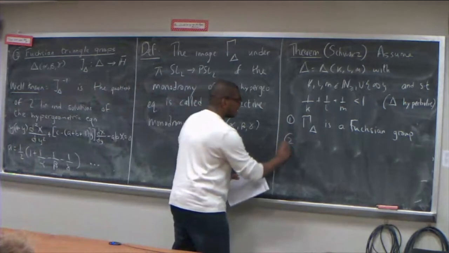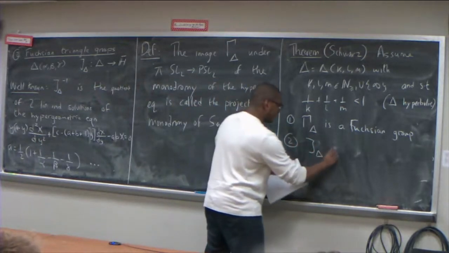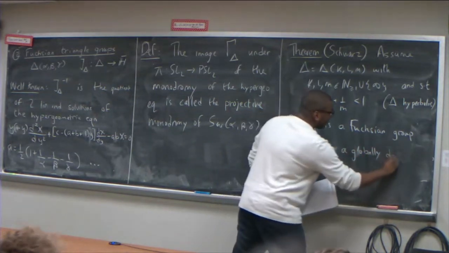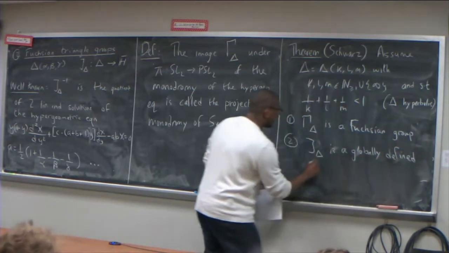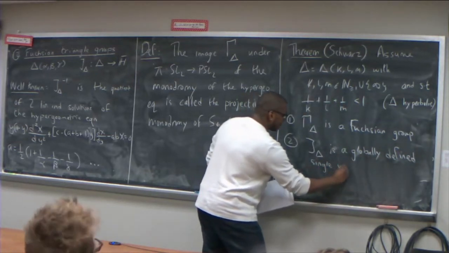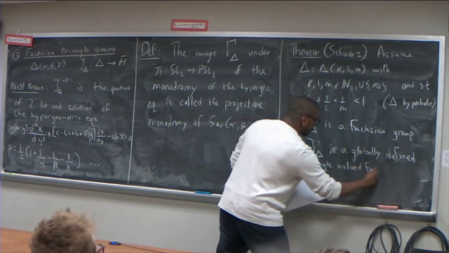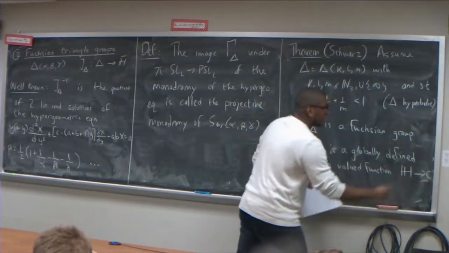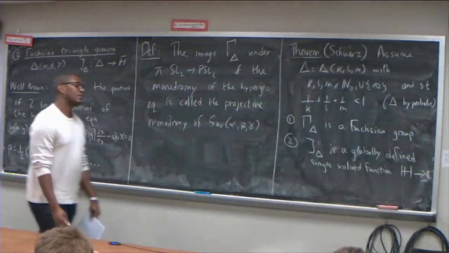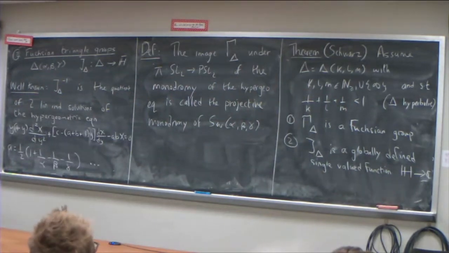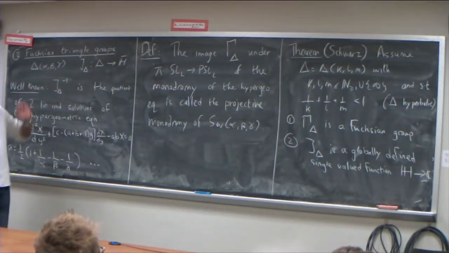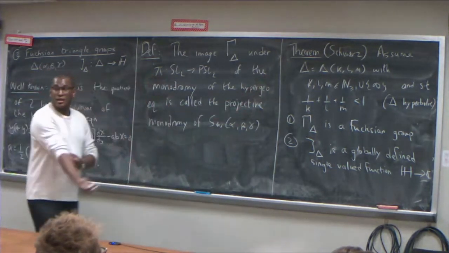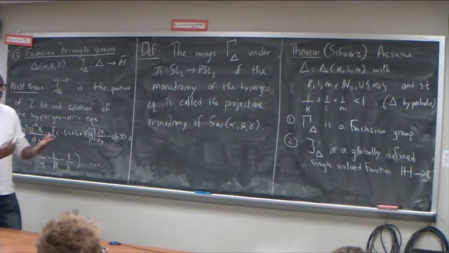So J_triangle is now a globally defined single-valued function from H, let's say, to C. You can't always analytically continue those J_triangle in general, but in the case where your triangle is hyperbolic, you can extend that as a globally defined single-valued function.